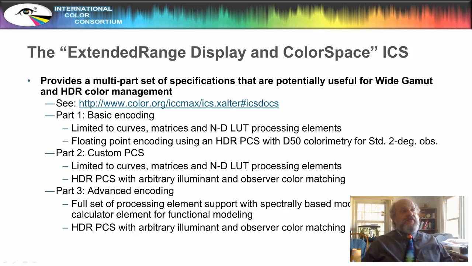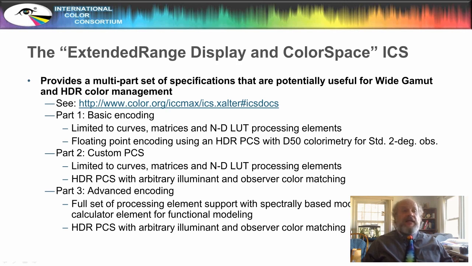Lastly, those three areas that I see as advantages of ICC MAX are applicable in the extended range display and color space ICS that was recently approved. This provides a multi-part set of specifications that are potentially useful for wide gamut and HDR color management, and these three parts align with those things. First of all, part 1 gives basic encoding.